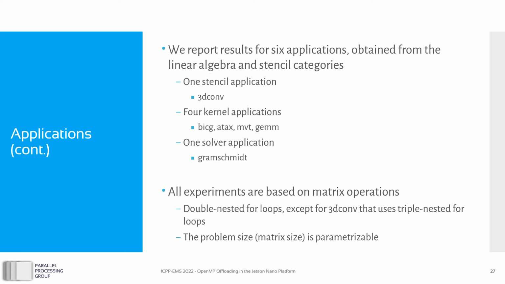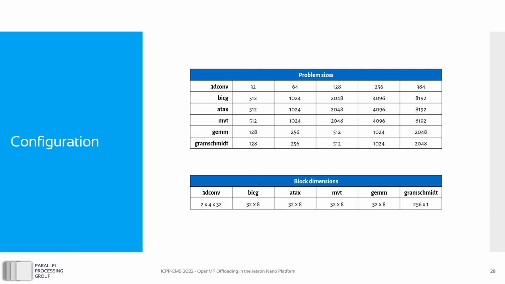We have double nested for loops in all applications except for 3D-conf, which uses triple nested for loops because it performs 3D convolution, and the problem size is parameterizable. This is our configuration, the problem sizes for each application as well as the block dimensions used for the kernels.